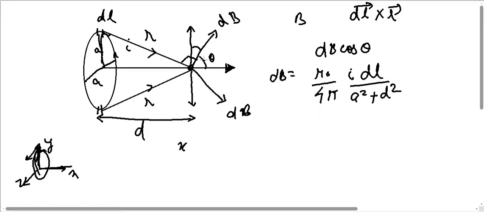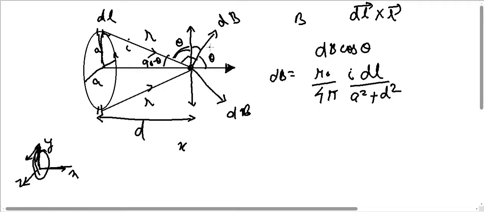And cos theta. If this is theta, then this will also be theta and this will be 90 minus theta. This simple trigonometry you can work out: this angle plus this angle is 90 degree, and also this angle plus this angle is equal to 90 degree, so this angle should be equal to theta, and because this is 90 degree, this angle should be equal to 90 degree minus theta.